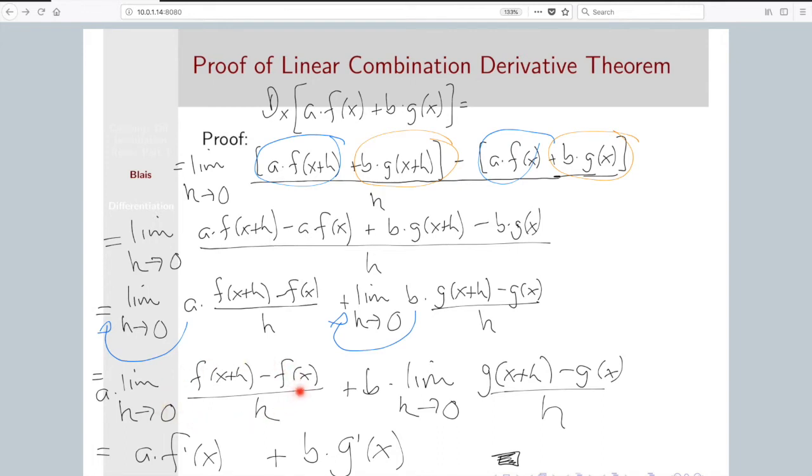This came from taking the slope, so pre-limit, this difference quotient gives you the slope of a secant line. When you introduce the limit, the whole thing becomes the slope of a tangent line. We also can think of this difference quotient as an average rate of change over an interval of length h. When h goes to 0, that becomes an instantaneous rate of change.